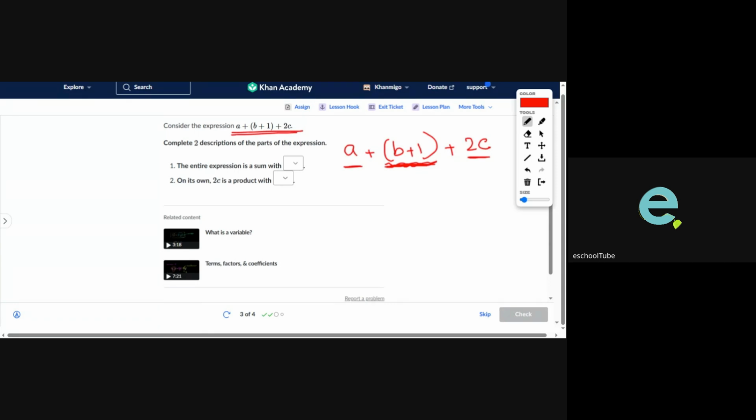But इसमें भी if you देखोगे इसमें भी they are separated by addition. तो अगर इस expression को हम open करें, this becomes A plus B plus 1 plus 2C. Then there are 4 terms. So मेरे को वो लग रहा है 4 terms. Let's see if we consider this 4 terms. और maybe क्योंकि ये ब्रैकेट है इसको एक ही टर्म मानते हैं. Let us see the answer.